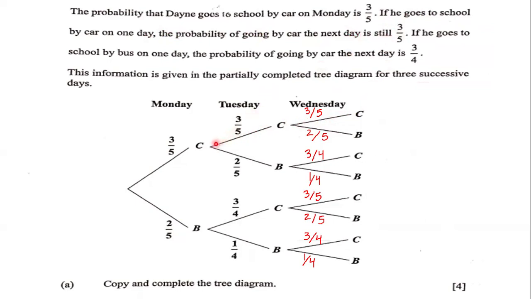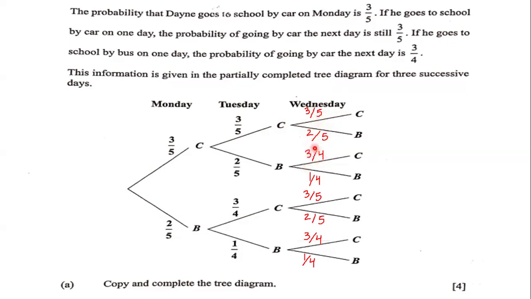Now, this one right here is 2 over 5 because these two lines should add up to 1. So if this is 3 over 5, this must be 2 over 5 because 3 over 5 plus 2 over 5 is 5 over 5, and 5 over 5 is 1.